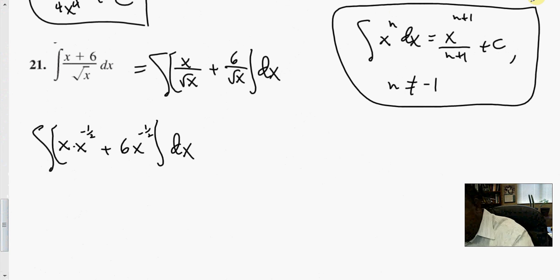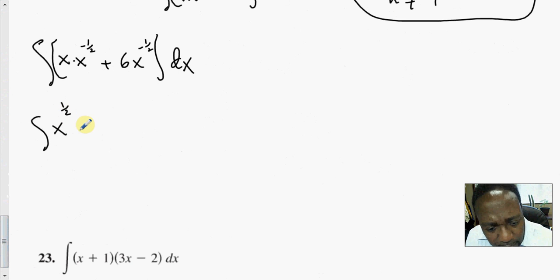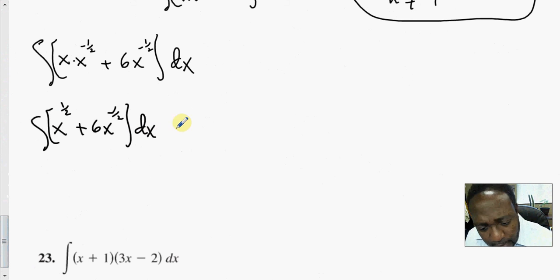So this is one of our favorite techniques if it's applicable. This is the integral of x to the 1/2, simplifying, plus 6 times x to the negative 1/2 dx. So now we can integrate. We do not hesitate.